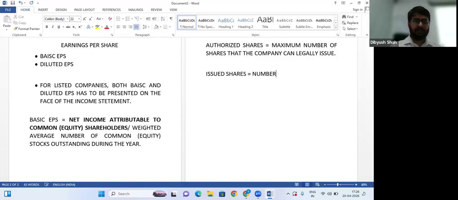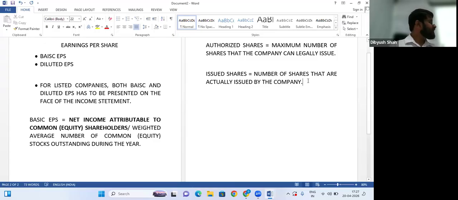Second is issued stock. This is the number of shares that are actually issued by the company. The limit is the authorized shares; you cannot issue more than that.